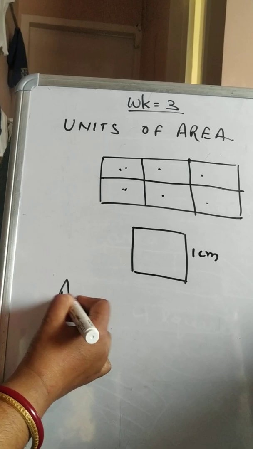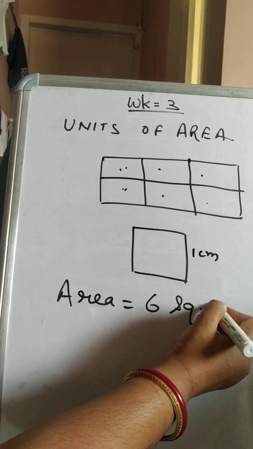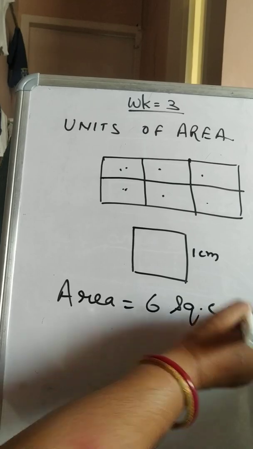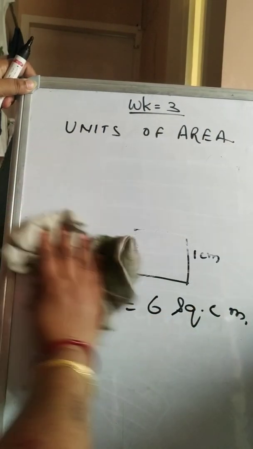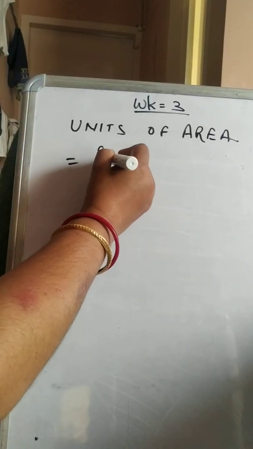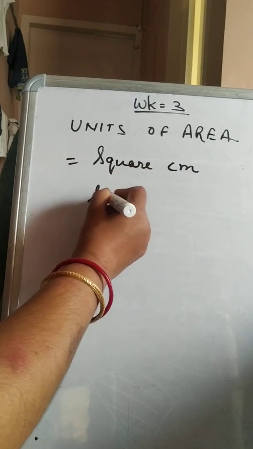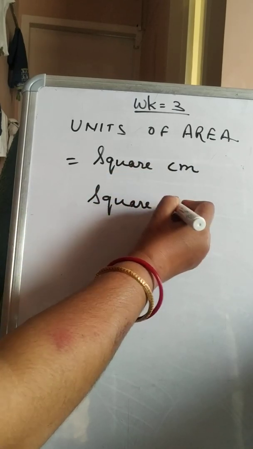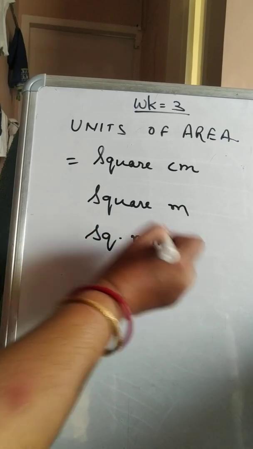So area is equal to 6 square centimeters. The units used for measuring areas are square centimeter, square meter, square millimeter. Okay.